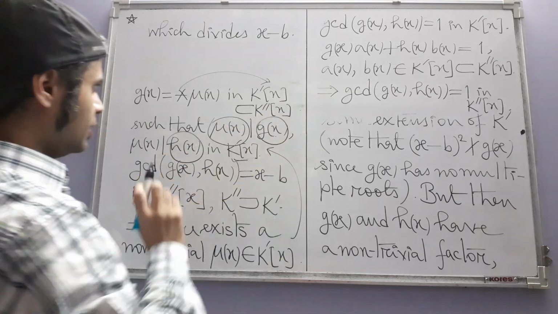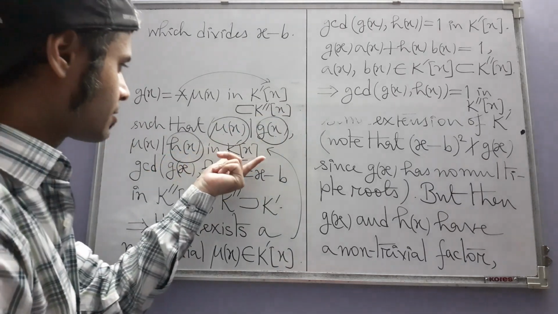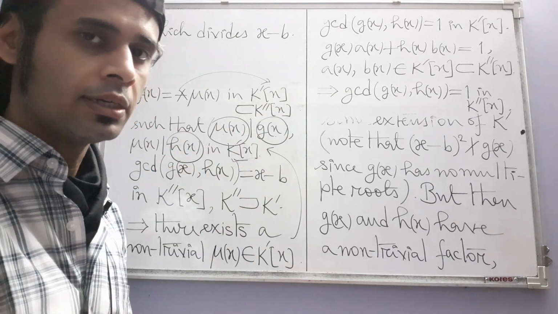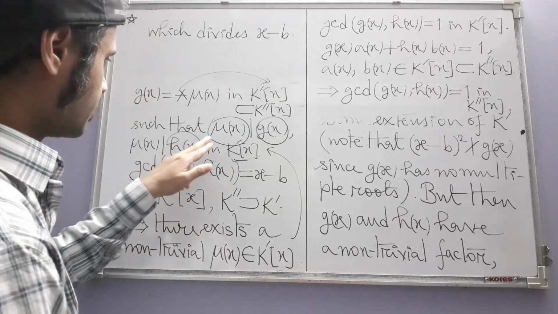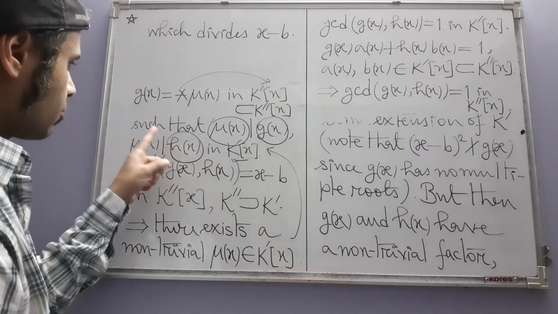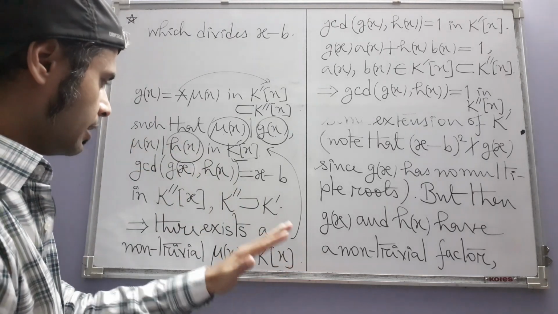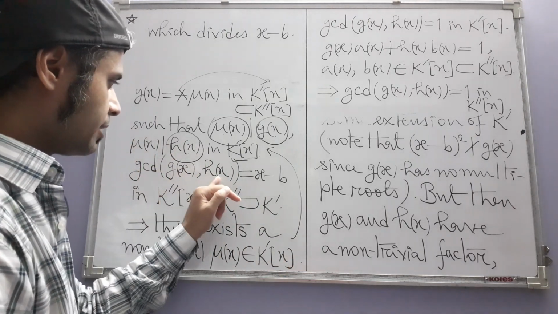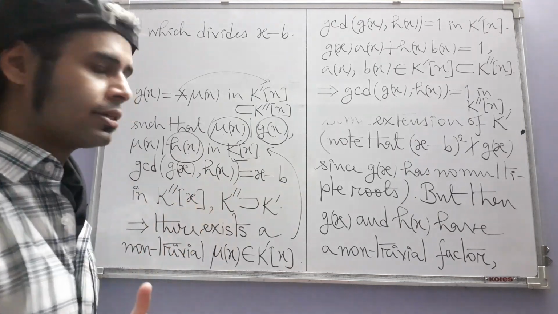So this division that is going on in the smaller ring can also be interpreted as going on in the larger ring. So mu x divides Gx in the larger ring. Mu x also divides Hx in the larger ring. But the GCD of G and H is x minus b in the larger ring.